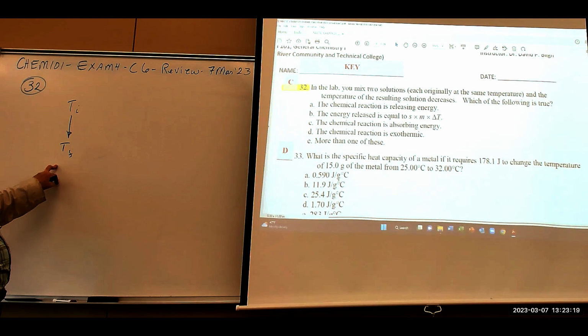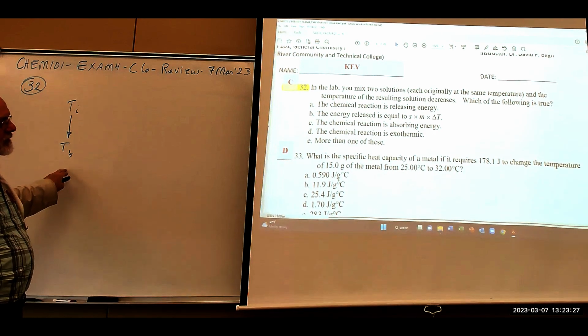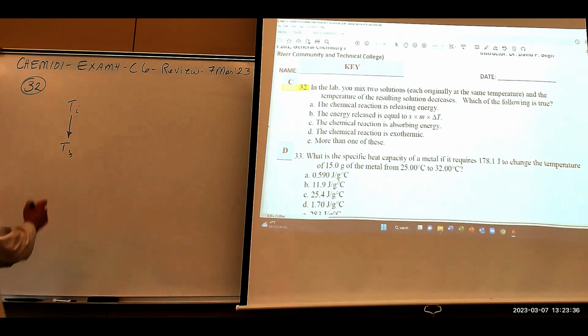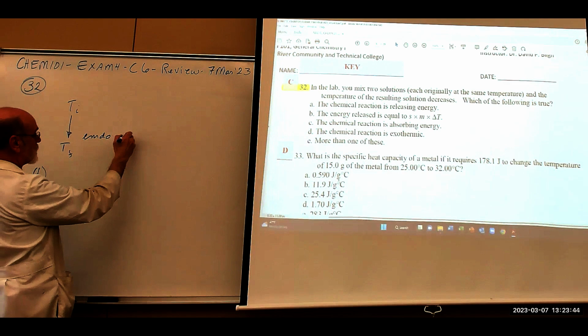The chemical release is equal to, no, not necessarily. Because we don't know the mass. We don't know the temperature change. Let's hold B in reserve, just in case. Chemical reaction is absorbing energy. That's true. This is endothermic. Okay. So that C is true.